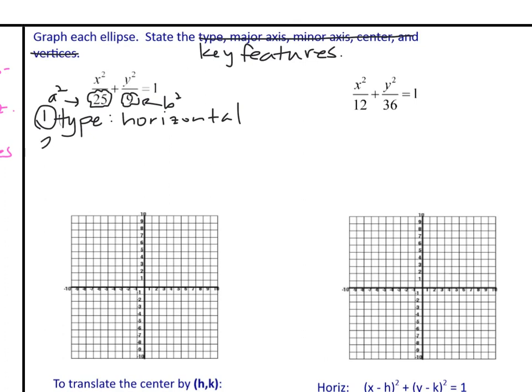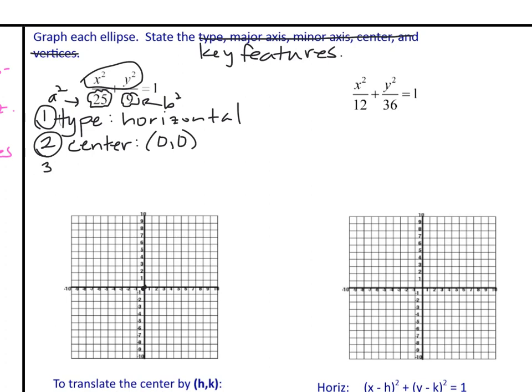To find the center, we take a look at the x squared and y squared similar to what we did with circles. If there's nothing in parentheses with the x squared or y squared, that means the center defaults to 0, 0. So that's pretty easy. Let's go ahead and plot that point. All right.